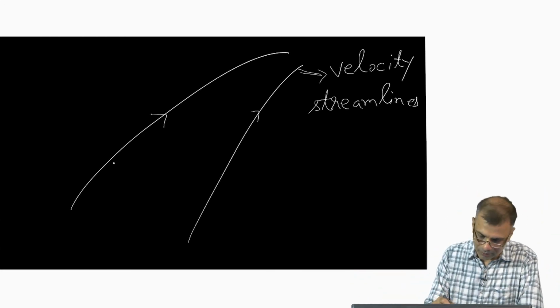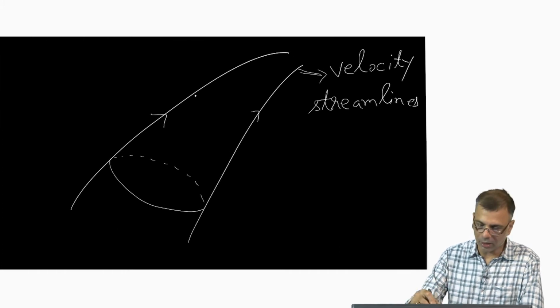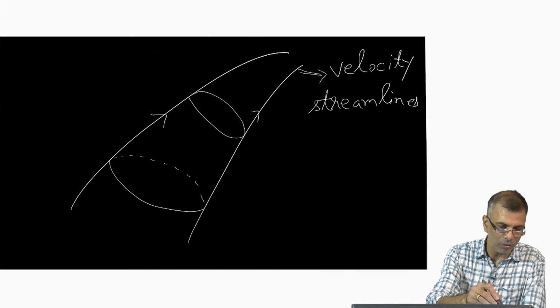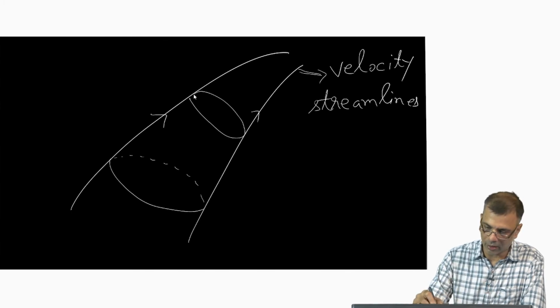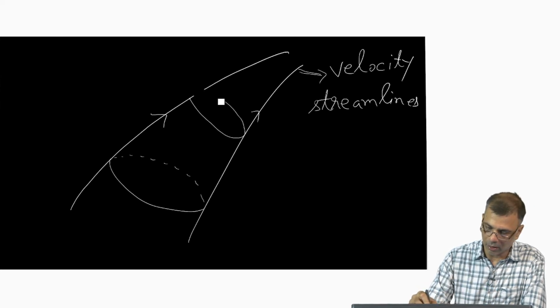Okay, so now let us consider a cross sectional area like this, and like that. I really should be dotting it here. If I dotted it there, then I should dot it here as well. So let me do that.